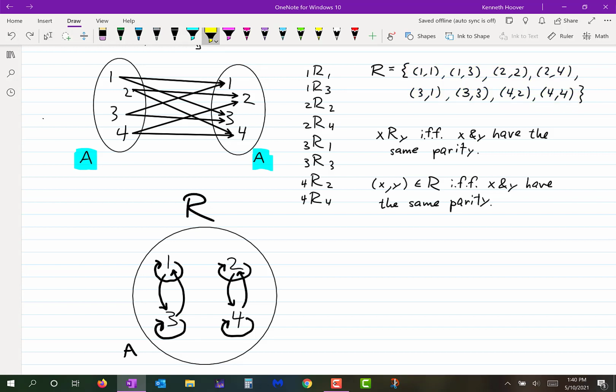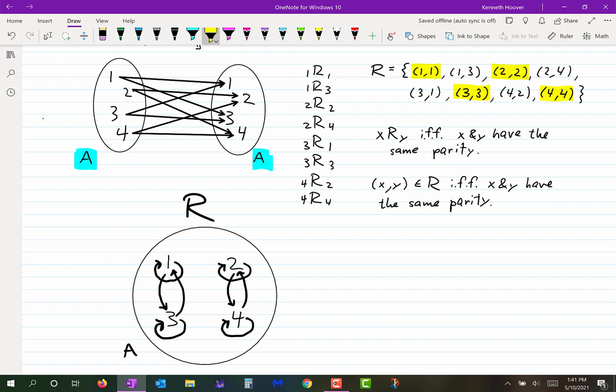Notice that 1, 1 is in the relation, 2, 2 is in the relation, 3, 3 is in the relation, and 4, 4 is in the relation. What's that tell you? It tells you the relation is reflexive. Every number in A is related to itself in the relation R.